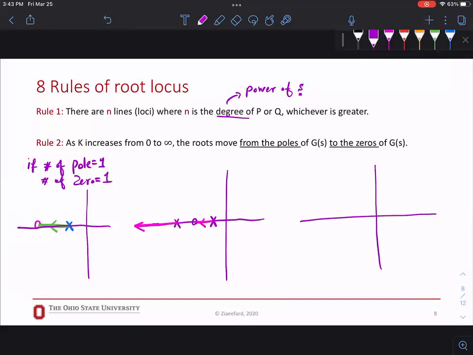How about this case? How many loci? 2. 1 from pole to the 0. There is a 0 without a pole. What's happening? Where is the soulmate? In the infinity. The soulmate is coming from infinity. Just use this analogy. It works 100% of the time. It comes from infinity and gets there.